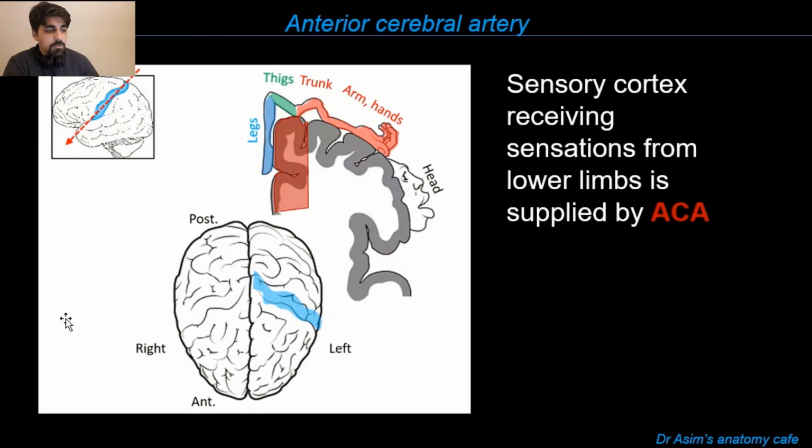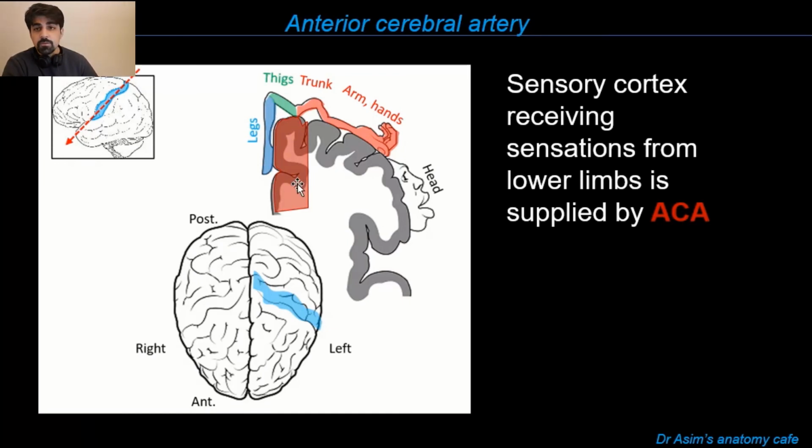For instance, the region of the cerebral cortex on the medial surface and this little 1 centimeter strip of cortex on the superolateral surface is actually supplied by an artery which is known as the anterior cerebral artery. This area has been color coded in red over here.